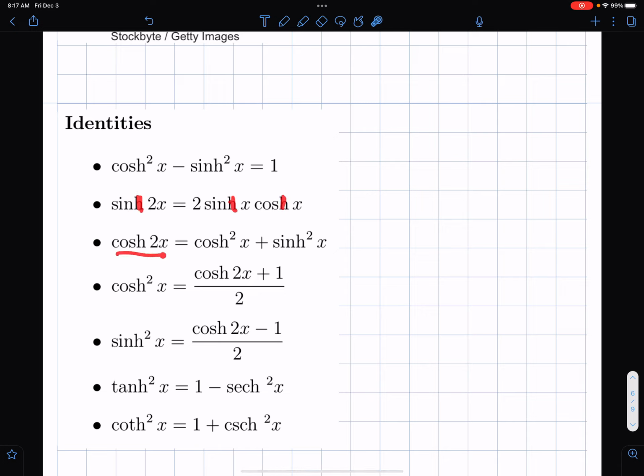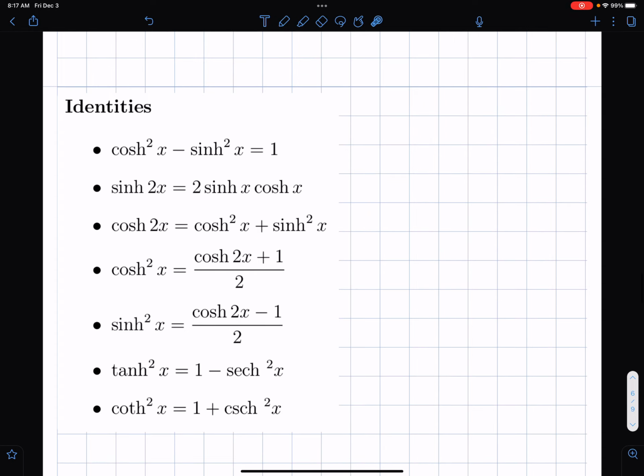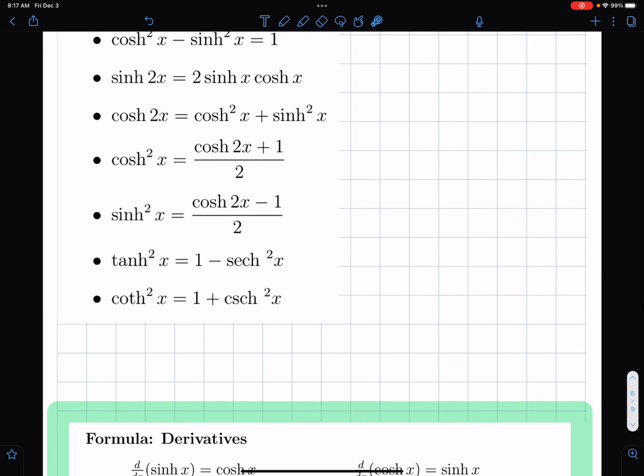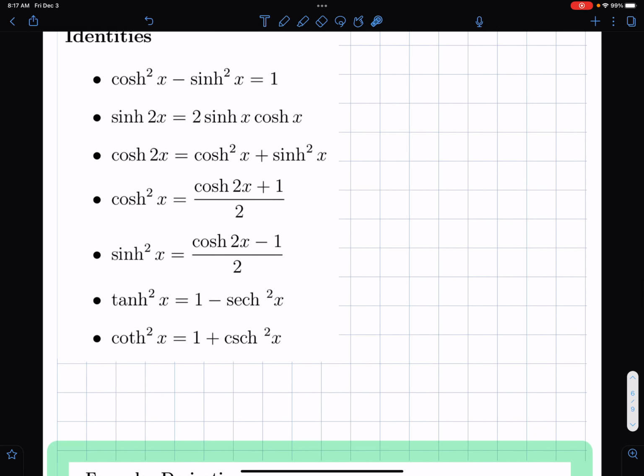But the cosh 2x is a little bit different. For trig functions it's minus, but this is hyperbolic, and we get positive. So they're just a little bit different, but we'll keep moving on. Those are formulas. Definitely, I have no intention of memorizing those. I don't know, maybe someday, but not right now.